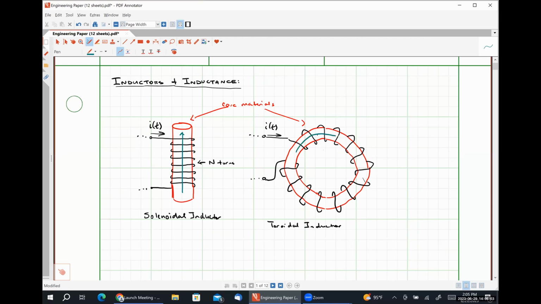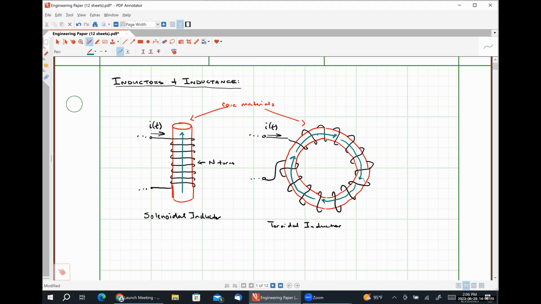So in this case, we're going to have field lines wrapping around the toroid like so. And this concentration of magnetic field is the energy storage behavior of our inductors.